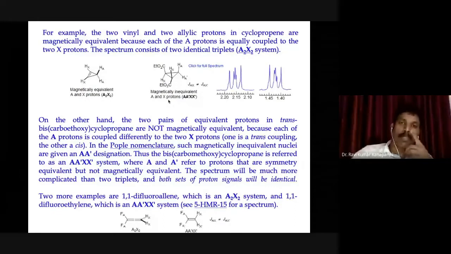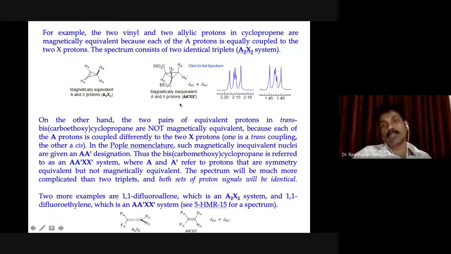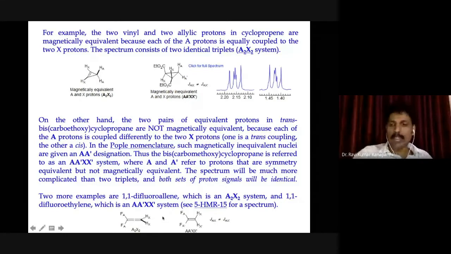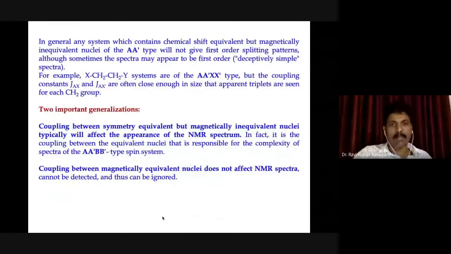These two protons will have the same chemical shift values, but when you calculate the coupling constant, those will be different. That's the point. Then there are allene molecules, double bond protons, and aniline protons. These are all examples that we have studied.